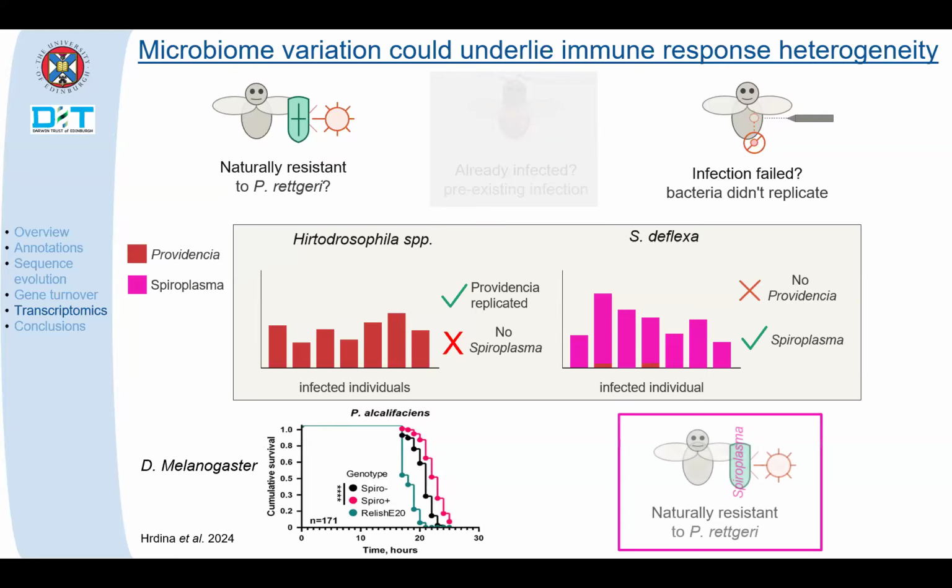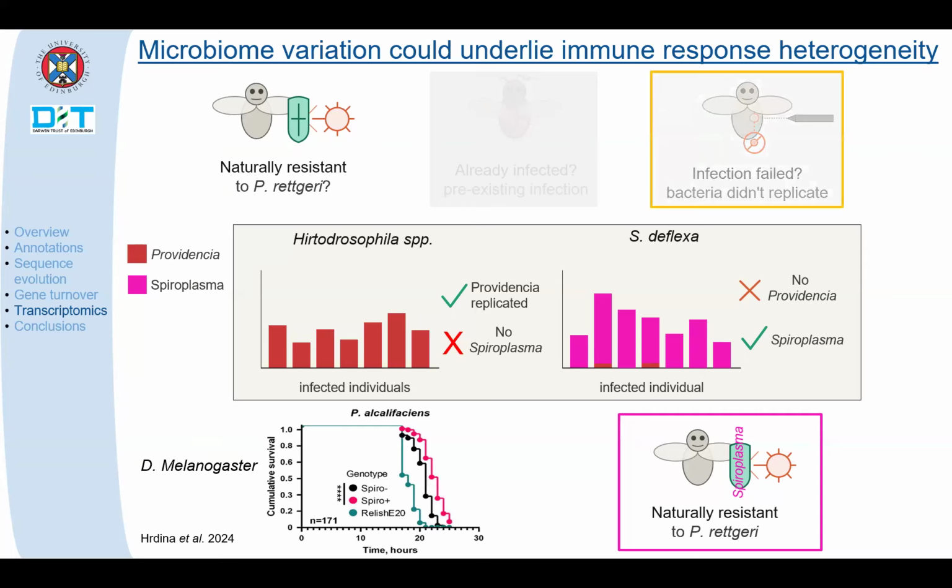So the most likely explanation could be that Spiroplasma is sequestering the iron from the blood, which is independent from the canonical IMD pathway activation to the gram-negative bacteria. So Spiroplasma is actually starving the Providencia rettgeri bacteria, so they can't replicate in these flies. So it is a Spiroplasma-mediated immunity.